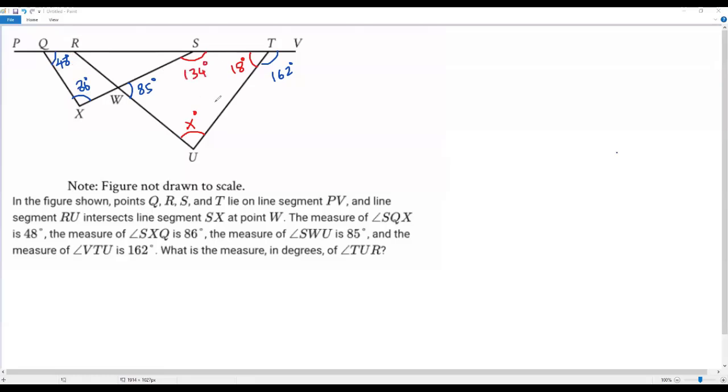Now let's consider the quadrilateral WSTU. In this quadrilateral, I know the measures of three interior angles. I have to find the measure of the fourth interior angle, which is TUR.